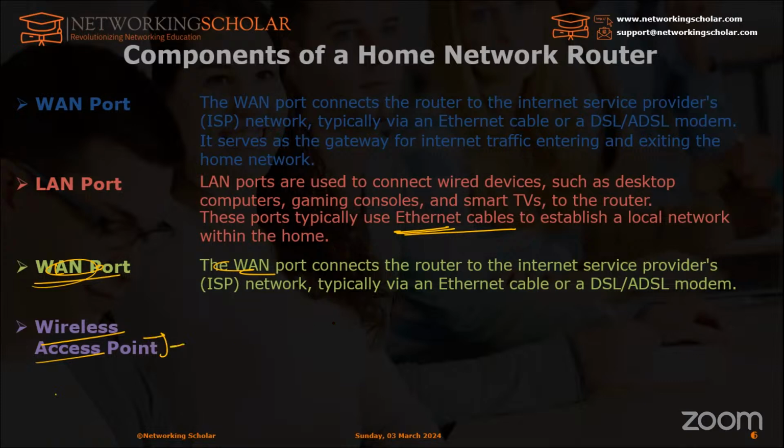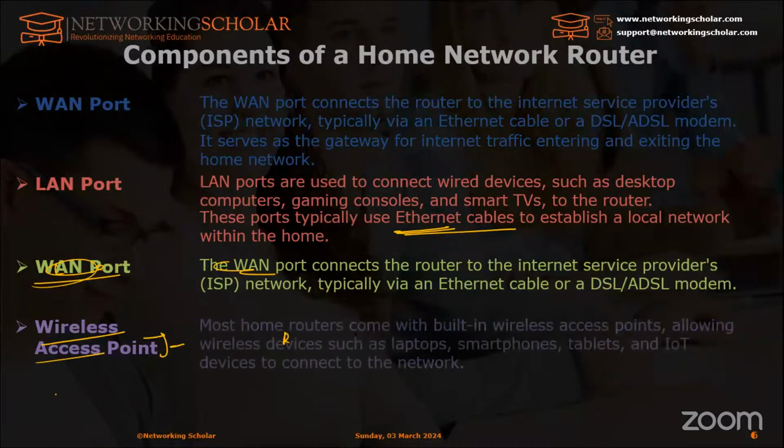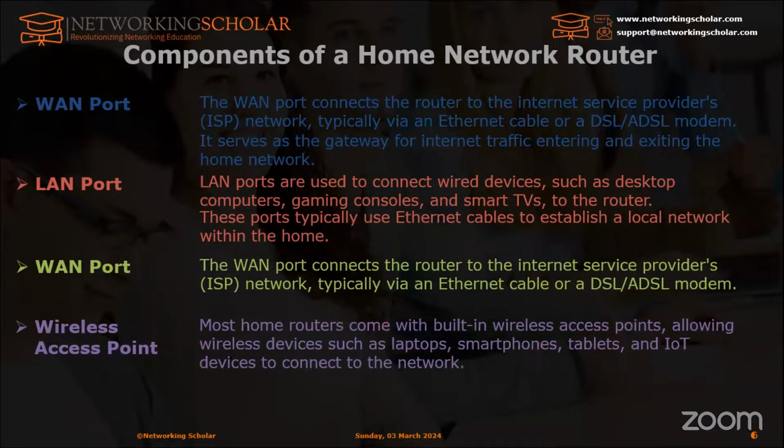So we have the wireless access point. What is a wireless access point? Basically, it provides a radio signal and wireless. Suppose you are at home and you have a Wi-Fi router. It is sharing an SSID, which is also a part of wireless.